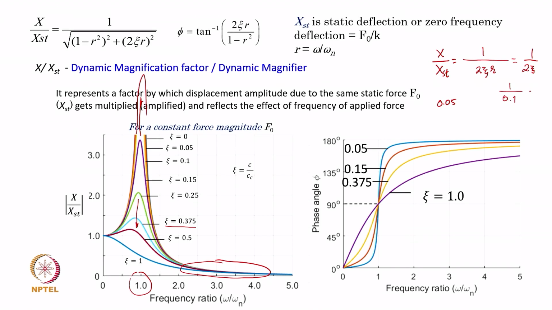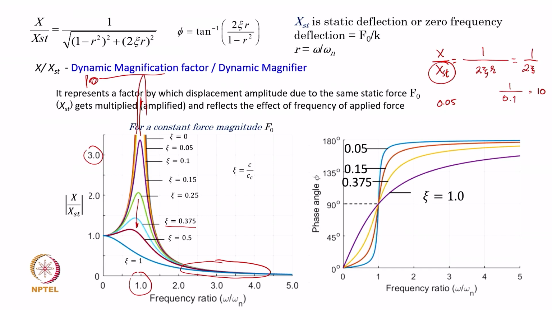That basically means that the peak amplitude at resonance is going to be 10 times the zero frequency deflection. So this peak, instead of 3, is going to reach a value of, let us say, 10. Therefore, damping, even if it is small, is going to limit the peak amplitude of vibrations to a reasonable value, and with some amount of damping always there in a practical vibratory system, the amplitudes really do not reach an infinite value.